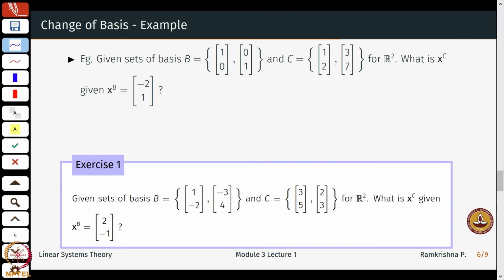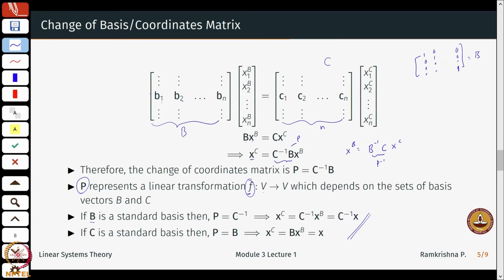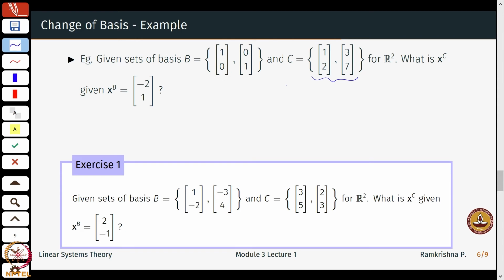Okay, let's do a small example. This is pretty easy. If you look at the basis B, this is the standard basis, and C is given by this basis. You can check as a little exercise why these are bases; they are linearly independent, and so on. So, what is xc when xb is minus 2 and 1? We just make use of this formula. xc is C inverse B times xb.